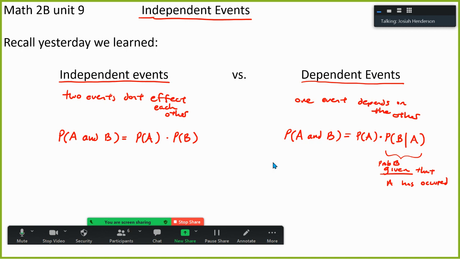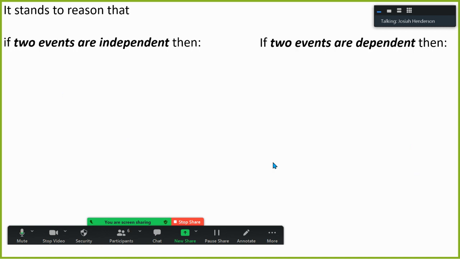That won't affect my own choice of a shirt. I could have used anyone's names for this. Those two events are completely independent of each other. So it stands to reason that if two events are independent, like me picking out a blue shirt and you picking out a green shirt, then the probability of the first event given the second event is just the probability of the first event.